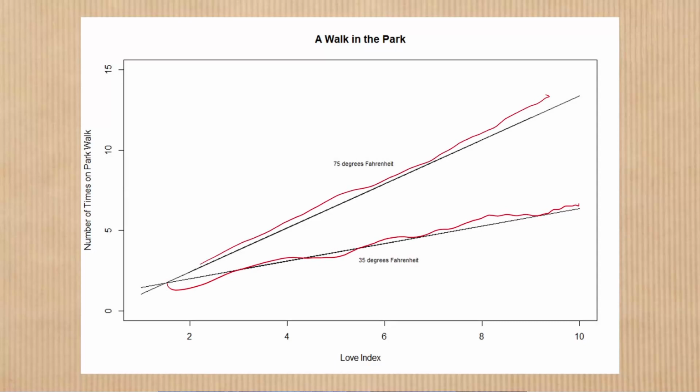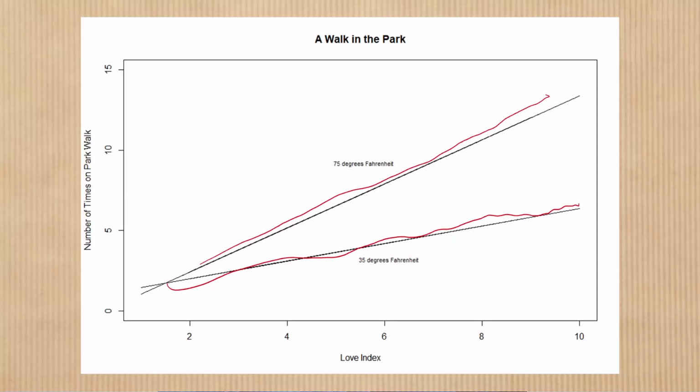That is, the amount of effect that changes in the love index have on the number of times that the couples will walk hand in hand in the park, that effect depends upon the temperature.